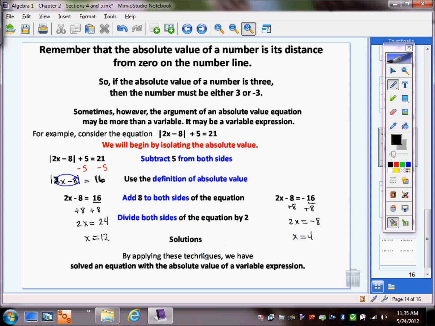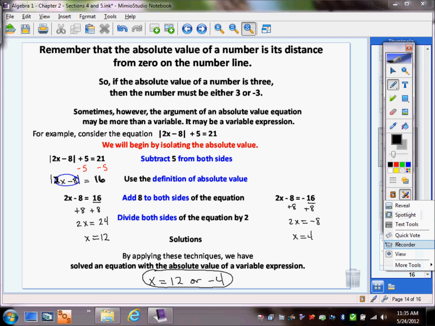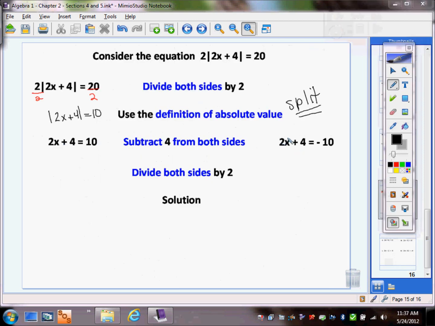And you get two solutions. You get x equals 12 or negative 4. Okay, so whatever's inside that absolute value, you split it into two equations, one with the answer positive, one with the answer negative. Okay, so I have a positive and a negative.